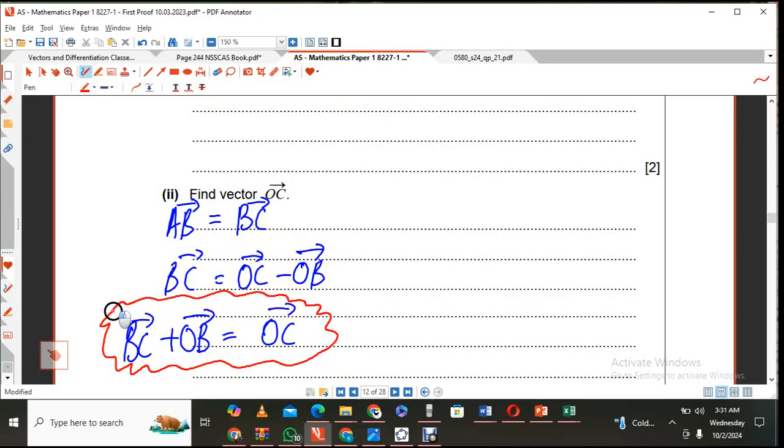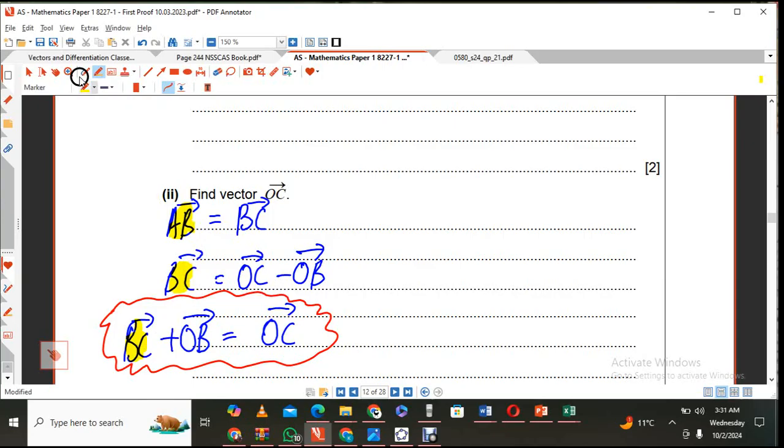We already know what OB is, and also BC that I have over here. I can replace this BC. So let me just bring a highlighter in here. I'll replace this BC by AB, which is what I calculated before.